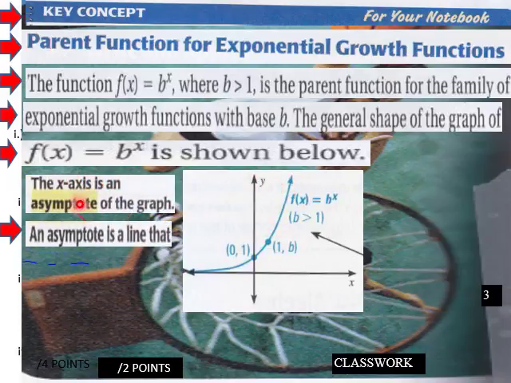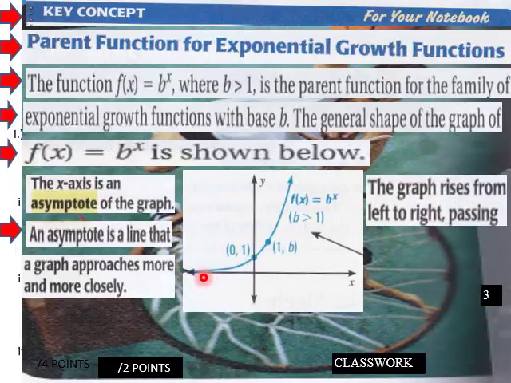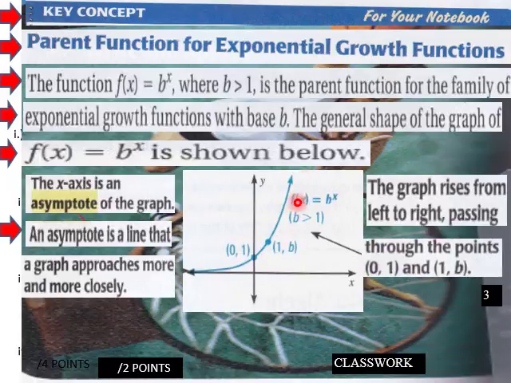The x-axis is the asymptote, so here is your horizontal asymptote of that. An asymptote is a line the graph approaches but never crosses. The graph rises from left to right. Look at that. Through the points of 0, 1, which is there, and 1, b, which is over here.